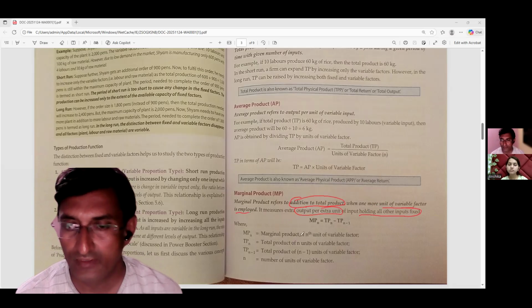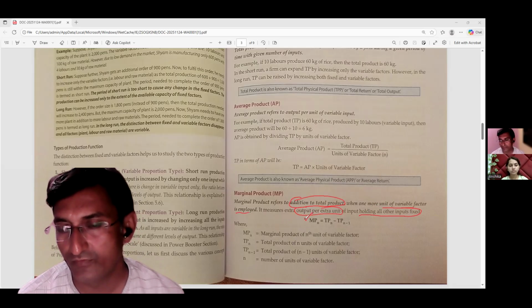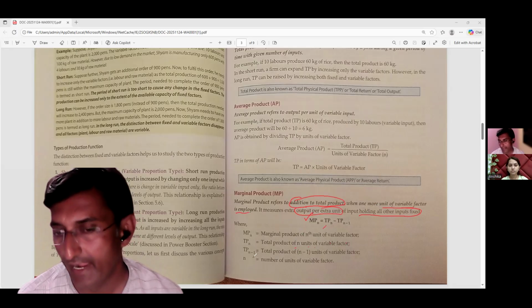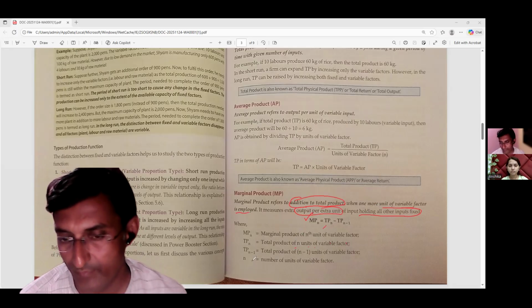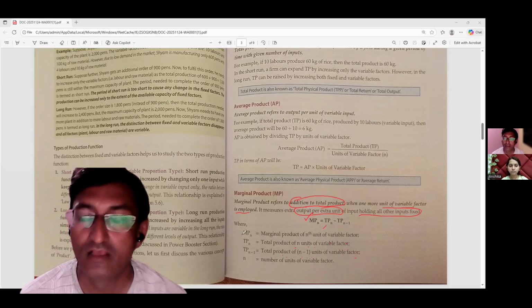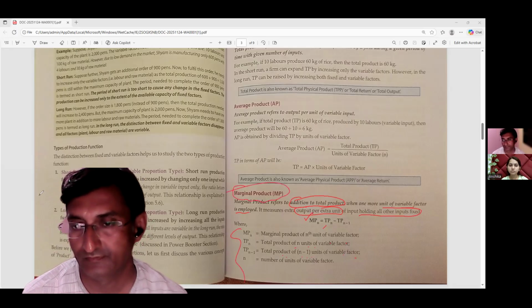See, in this case, MPn, the marginal product of n units of variable factor, is equal to TPn, the total product of n units of variable factors, minus TPn-1, the total product of n-1 units of variable factors. This is the simple formula for finding the marginal product.